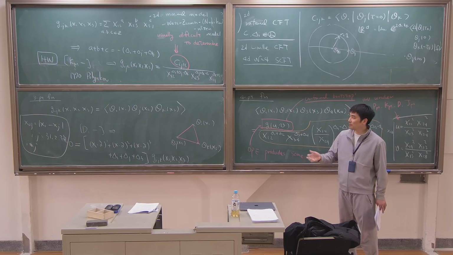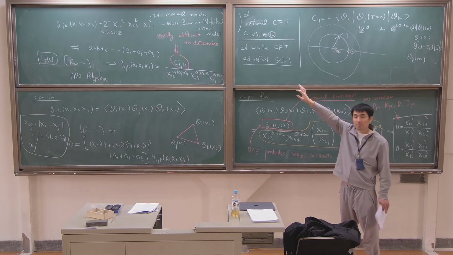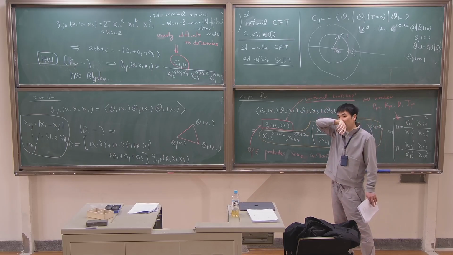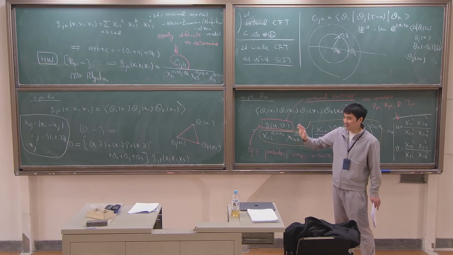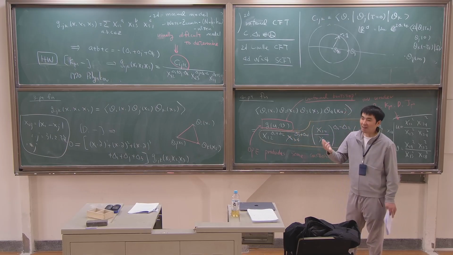The 2D Ising model fits into the so-called minimal model, so one can determine it by using the Virasoro algebra, which we are going to introduce.